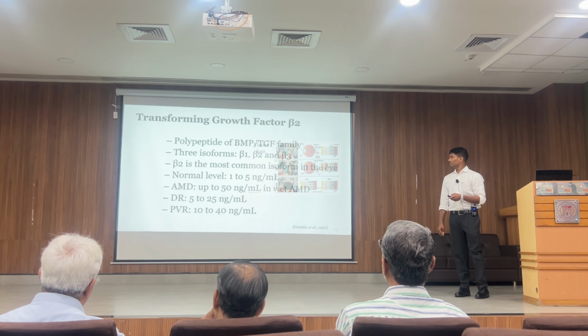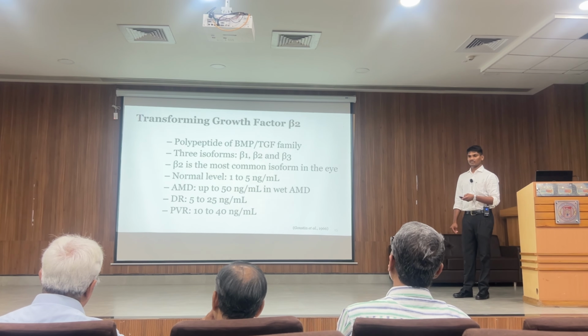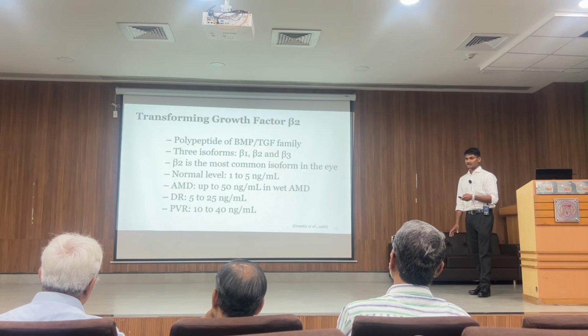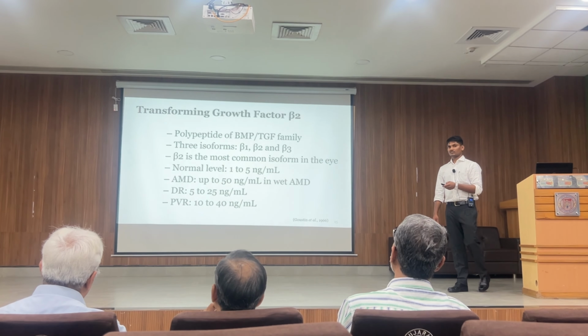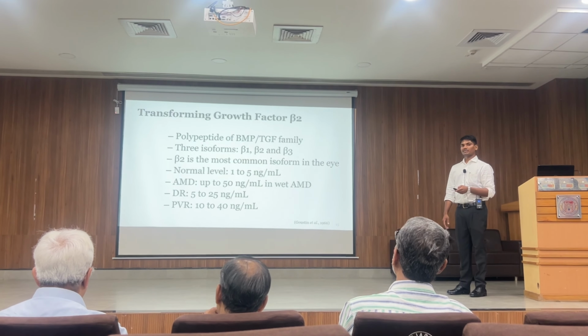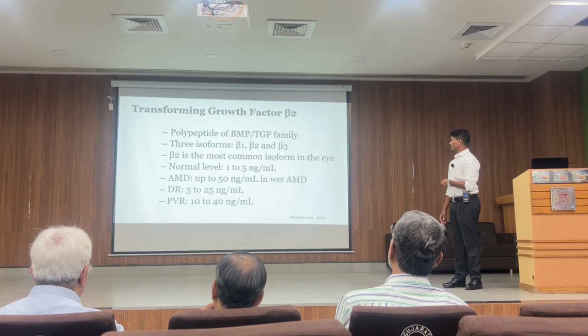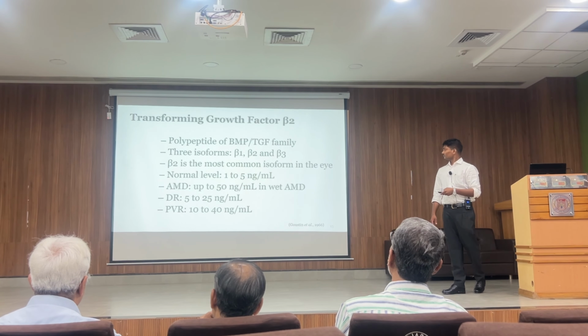Now another term that we come across is TGF beta 2, that is transforming growth factor beta 2. The normal level of TGF beta 2 is very much required for normal functioning of the retina and many other organs.